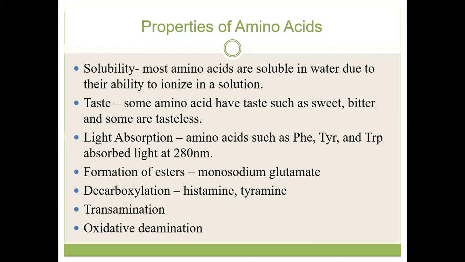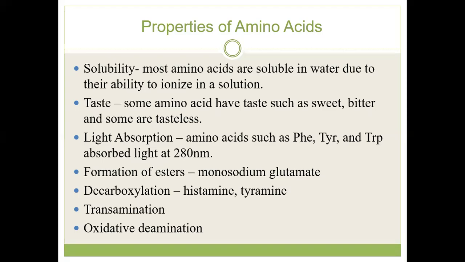Once the carboxyl group is removed, you get different compounds like tyramine, histamine, alpha aminobutyric acid, etc. We also have the transamination reaction, where we have the removal of the amino group instead of the carboxyl group.